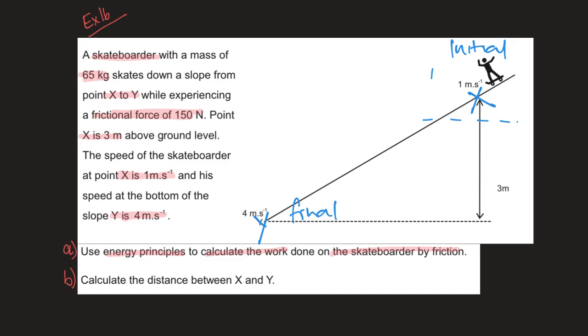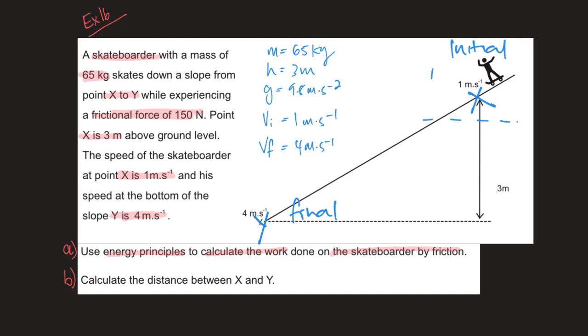The other thing you need to notice here is that the skateboarder just slides down. There are no applied forces. So we're going to write down all the information that we have. Mass equals 65 kilograms, height is 3 meters, g is 9.8 meters per second squared, v initial is 1 meter per second, and v final is 4 meters per second.